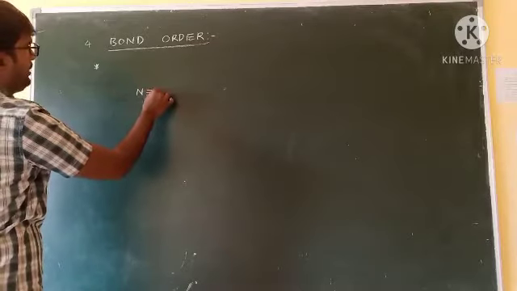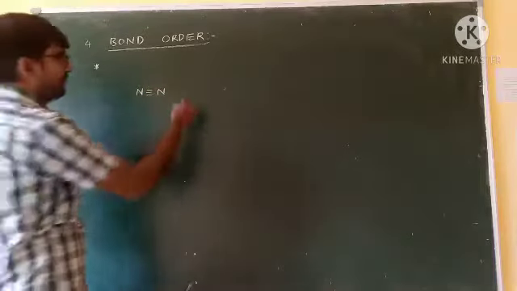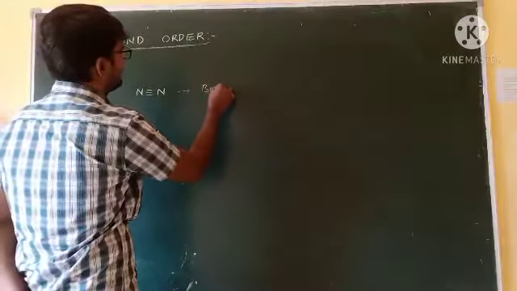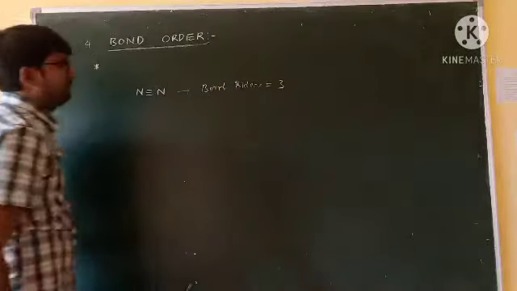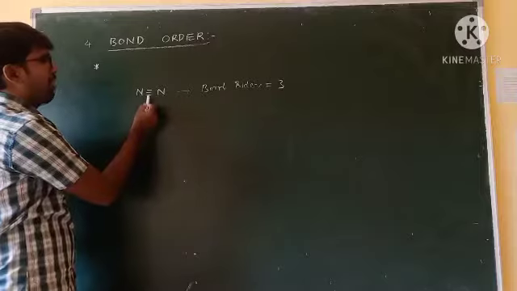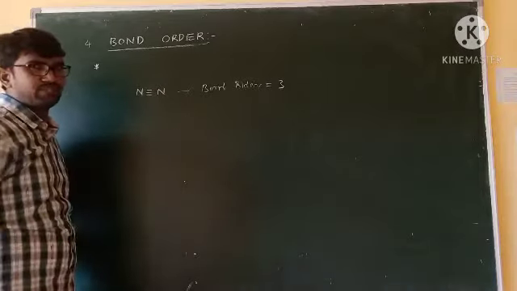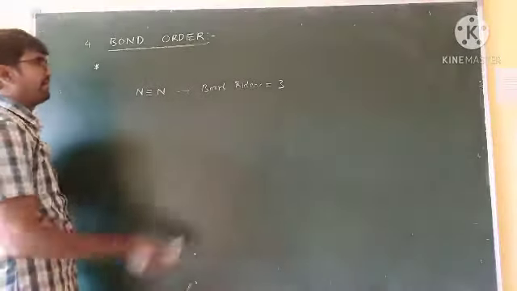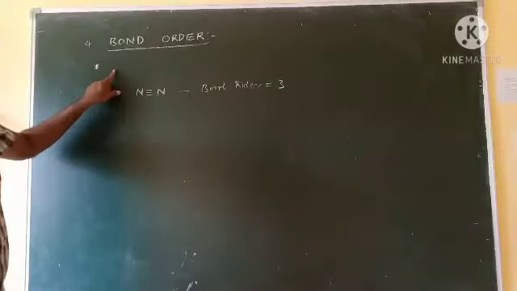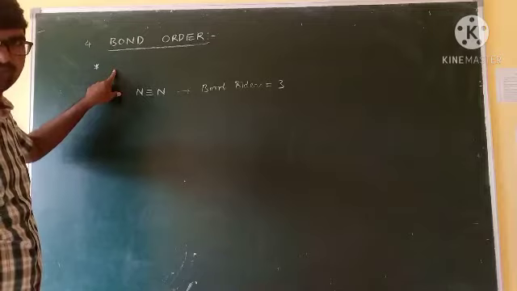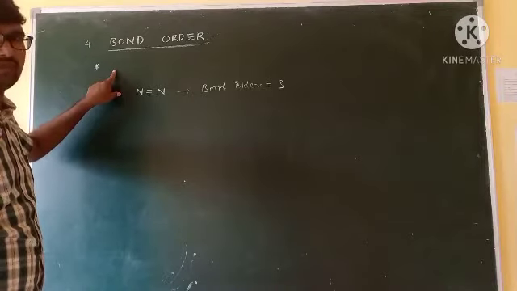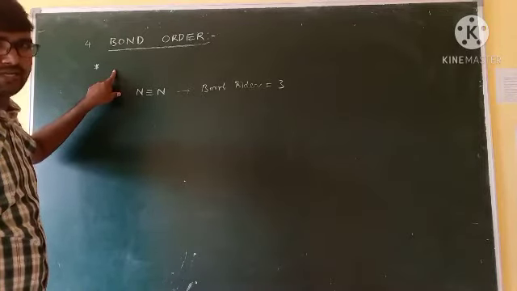N triple bond N. So here bond order is equal to 3. The number of bonds between two atoms is called bond order. Write the definition here.